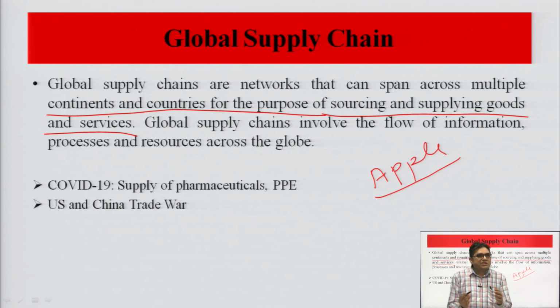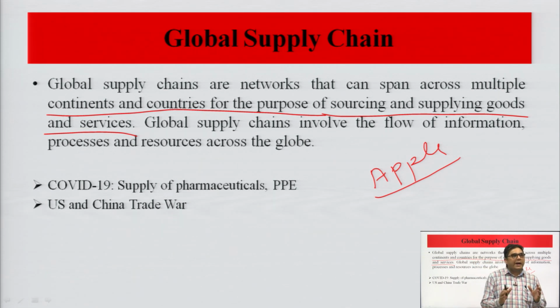So why has Apple taken this decision, that we will manufacture here and market our product over here? Because, considering the business potential of the Indian economy, Apple realized that it is better for the company to stay in this particular market, develop products here and supply here.